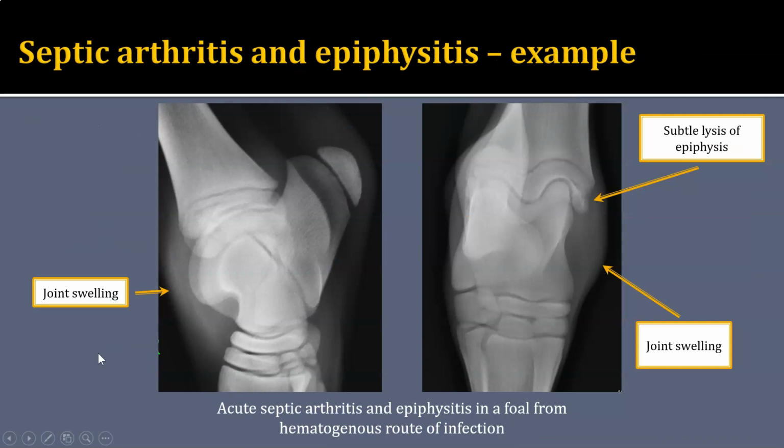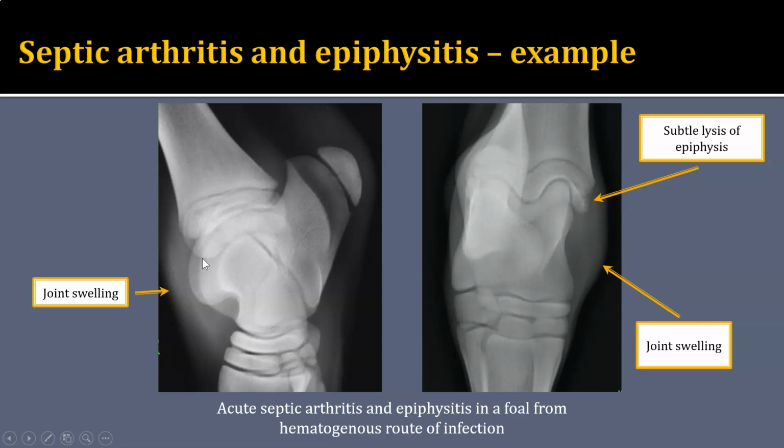Here's an example of a foal that has very early changes of septic arthritis, but also has some changes in the epiphysis of the tibia. This patient in lateral view has pretty significant intracapsular soft tissue swelling of the tarsocrural and proximal intertarsal joint. And the bones look pretty normal for this age.